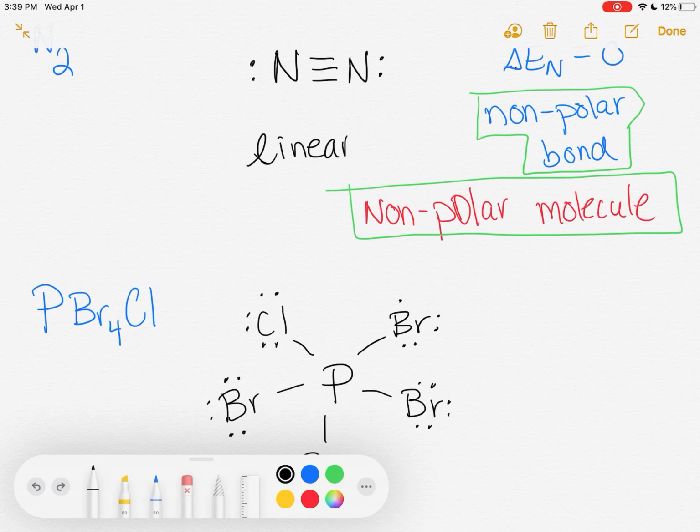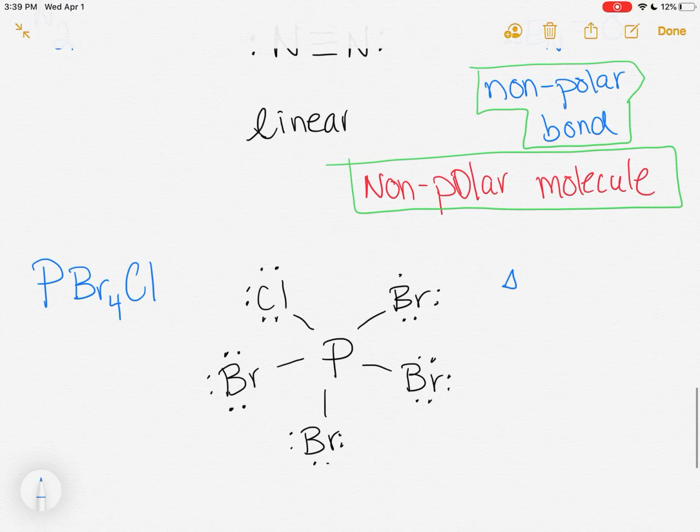Okay. And when we do the difference in electronegativity, we have to do 2 because we have to do the difference for our phosphorus-bromine bonds as well as for our phosphorus-chlorine bond. So the phosphorus to bromine, phosphorus is 2.1, bromine is 2.8. So phosphorus to bromine is 0.7. And phosphorus to chlorine, phosphorus is 2.1, chlorine is 3.